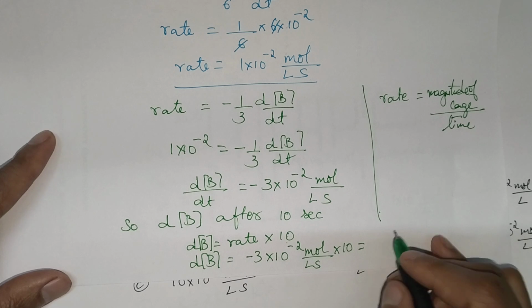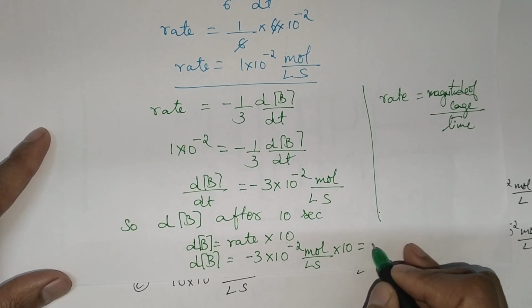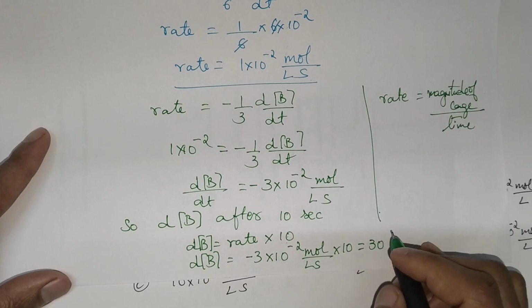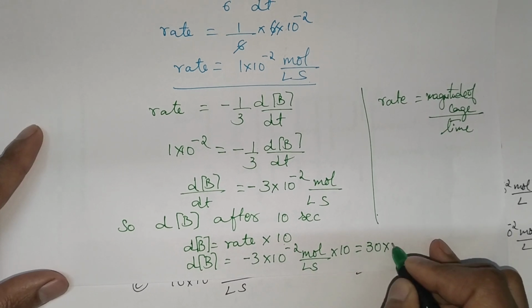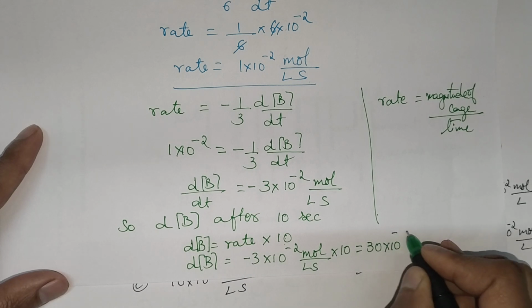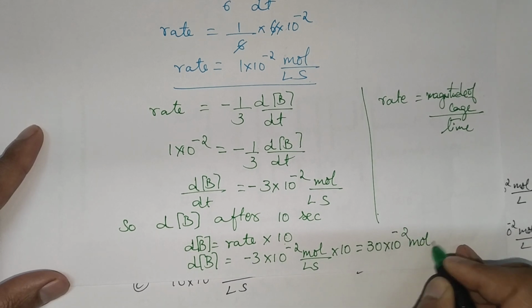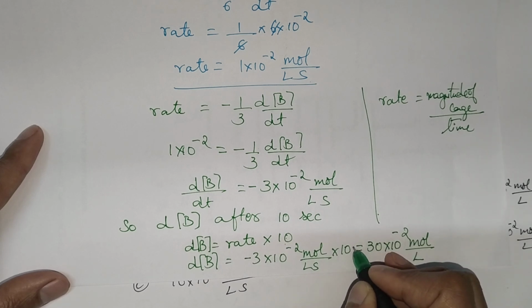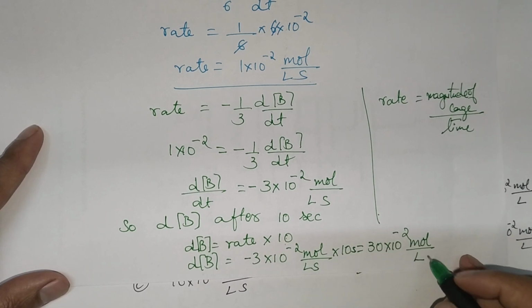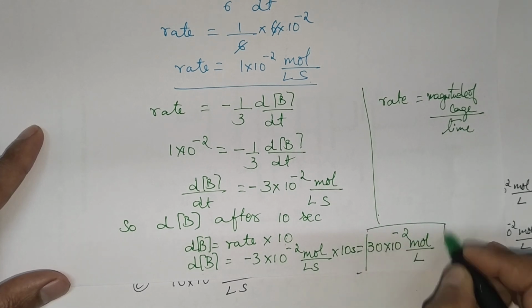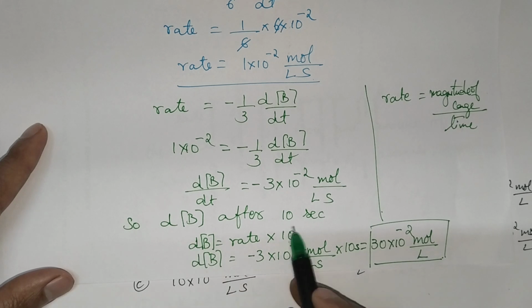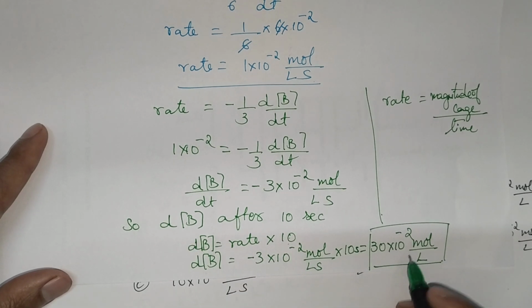This gives us the answer 30 into 10 raised to minus 2 mole per liter, which is the concentration. So this is the change in concentration of B after 10 seconds. This is the amount which has been consumed.